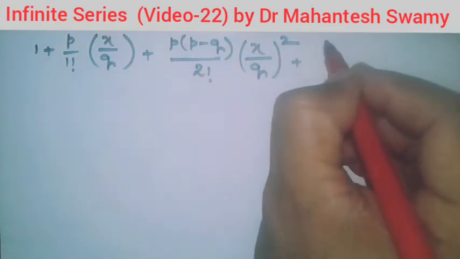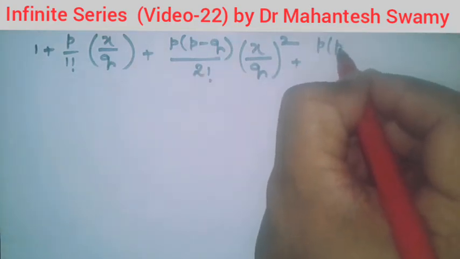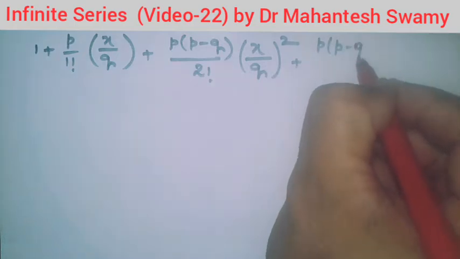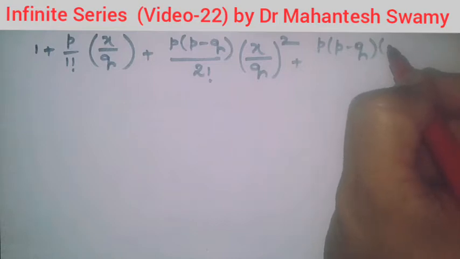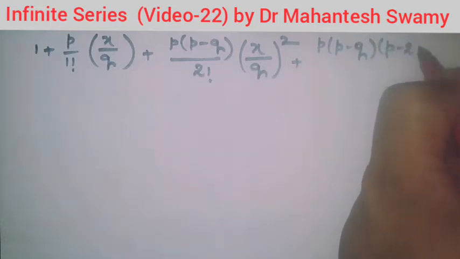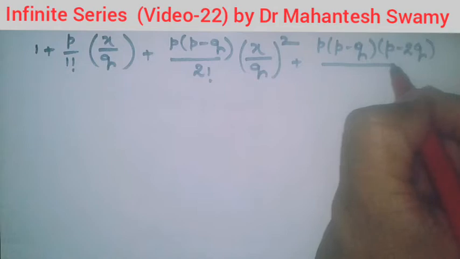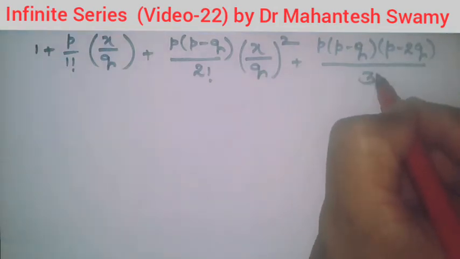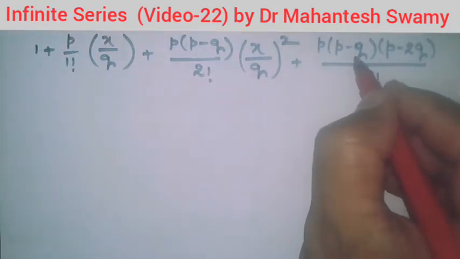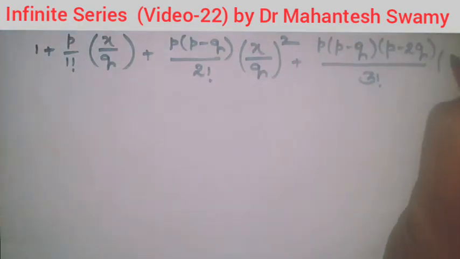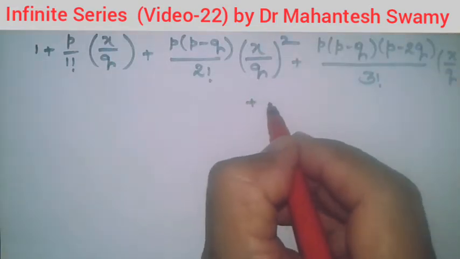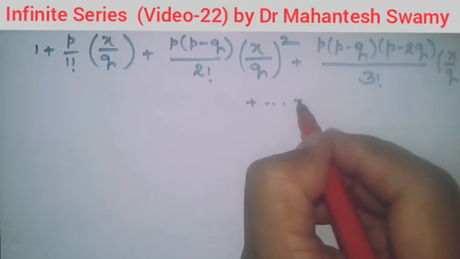Plus similarly, this term is going to be p into bracket p minus q into bracket p minus 2q, divided by 3 factorial, and the q's together give q cube, which can be written as x by q whole cube, and so on, plus dot dot dot.